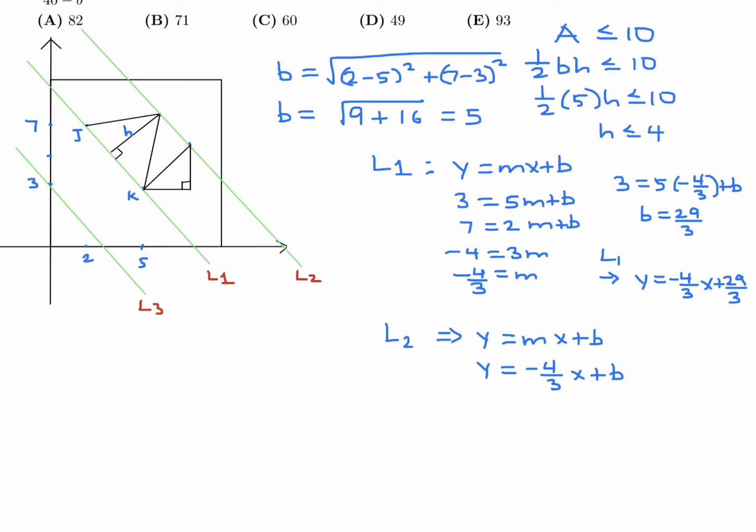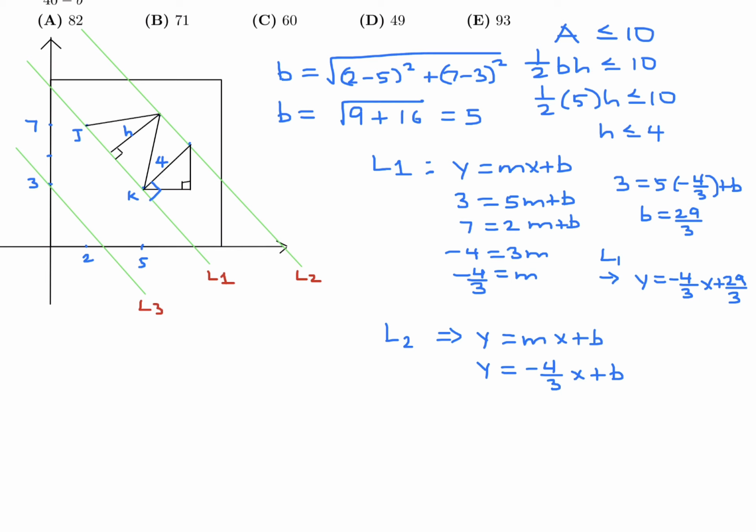So now we have a situation as follows. From here to here, we had concluded has to be 4. So this is 4. And this line, because I've drawn it so that it's perpendicular to the other side, will have a slope that is a negative reciprocal of this line.